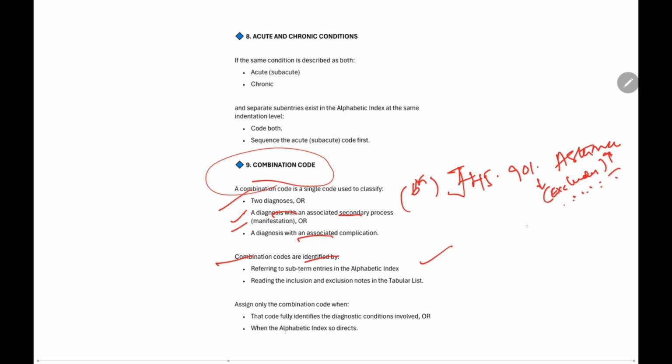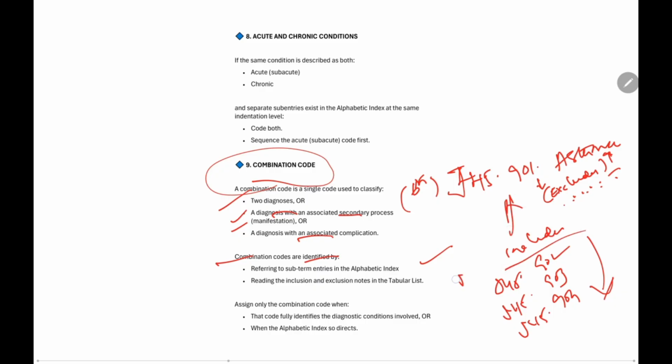Then the includes note lists other classifications of asthma that are included. So the exclude notes and include notes determine your combination codes. If needed you can do that, otherwise no need.